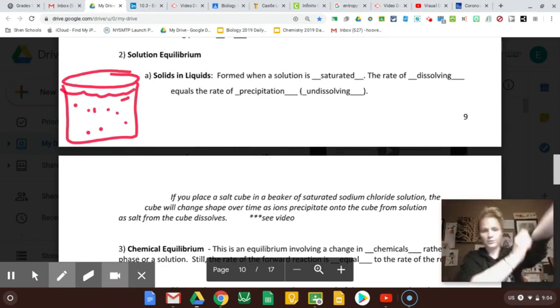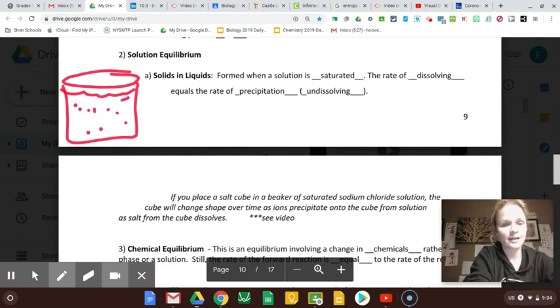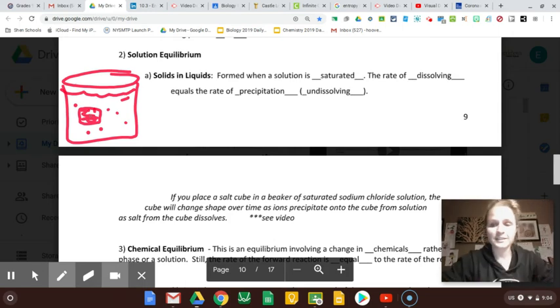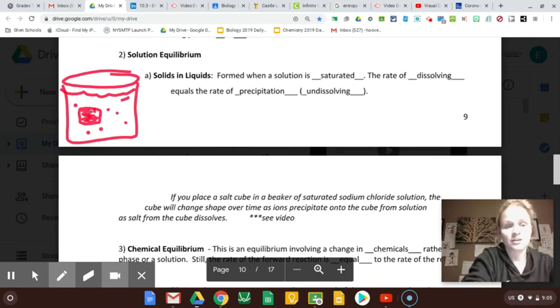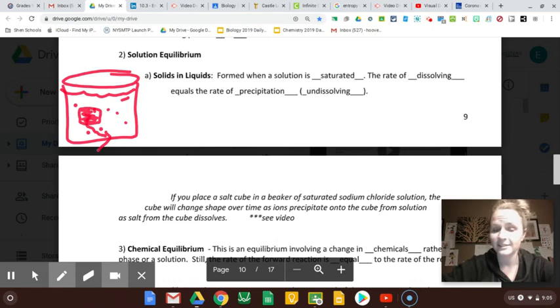So solution equilibrium would be like if you put a sugar cube in water. Now instead of the ice melting at the same rate that the water is freezing, we're talking about the sugar dissolving into little pieces.